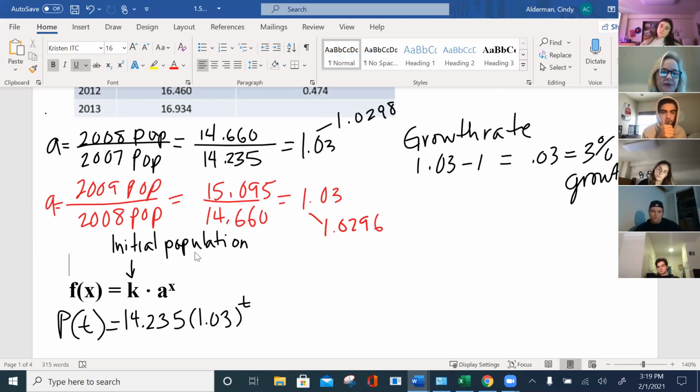And then you know that the initial population is your K value. This is your growth rate, and this is the year. So what you've just done is you've written an equation that represents this data. Are we good on this? Okay, we're going to do it a lot. If you're still a little unsure, we're going to do it a lot before we leave today.